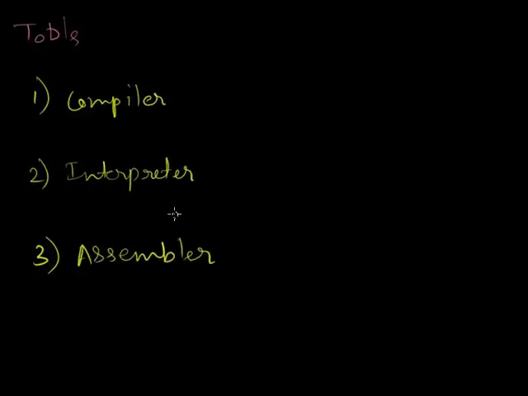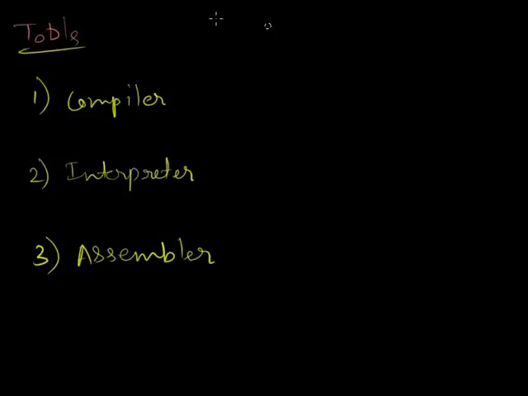These tools do nothing but conversion from languages like C, Java or C++ to machine languages, means zeros and ones, to the binary language, the language which the computers understand. These convert the language which we understand to the language which computers understand.